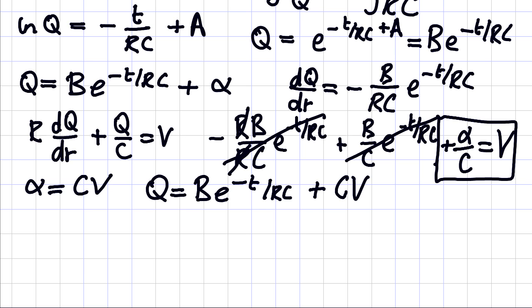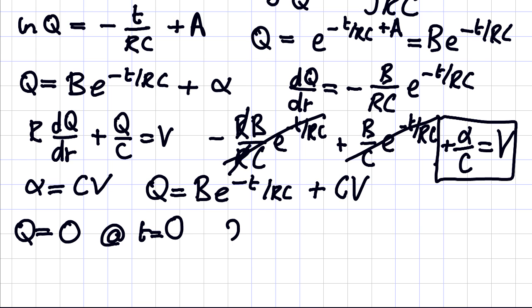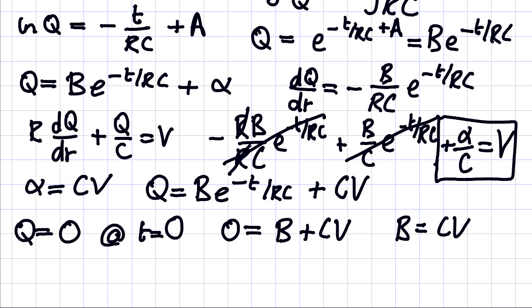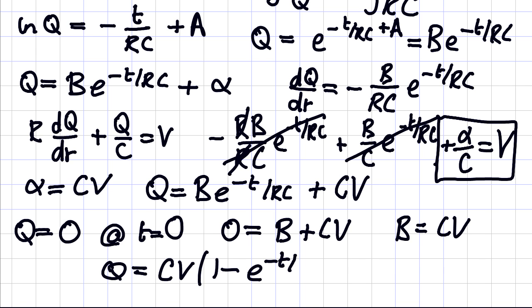To make further progress, we need to substitute in the initial condition, which is Q equals 0 at t equals 0, and when we substitute that in, we get that 0 equals B plus CV, or B is minus CV. So our full solution to both the differential equation and the initial condition is that Q is CV times 1 minus e to the minus t on RC.